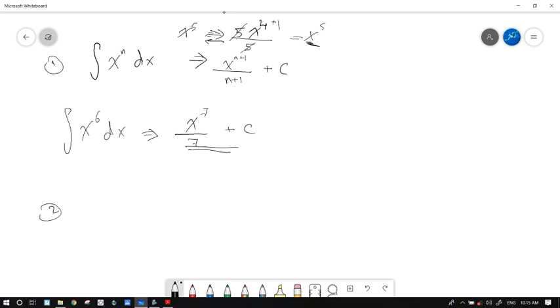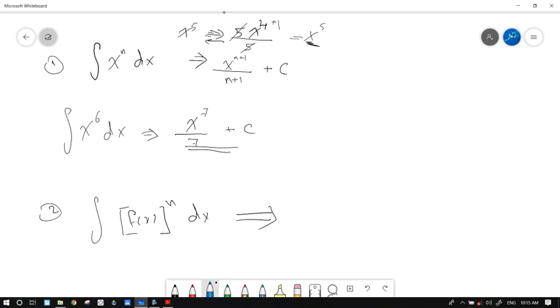Rule number 2: if I have not a variable x, but a function f of x, a whole expression, and this expression has a power on it. To find the antiderivative with respect to x, you should first make sure that this function's derivative is multiplied by the bracket.